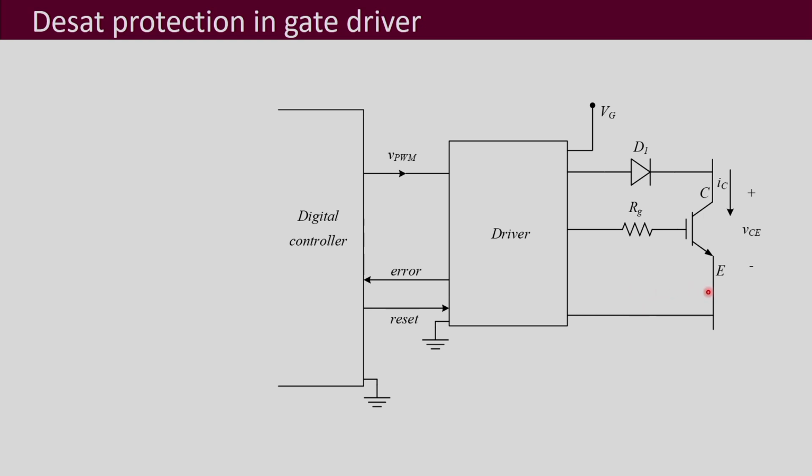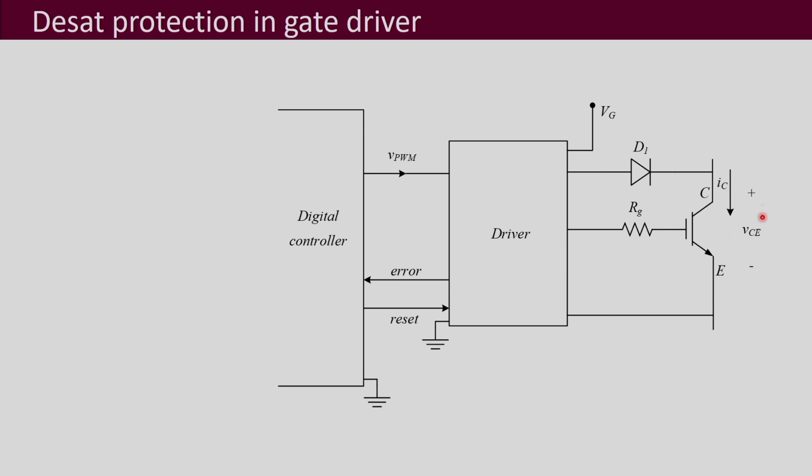It is basically on the principle that if your IC current becomes very high, then your drop VCE will also become high. So you can say that the device has entered into the active region. VCE is going to be higher than when it was in saturation.